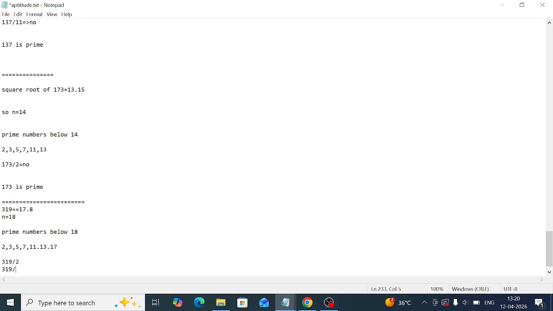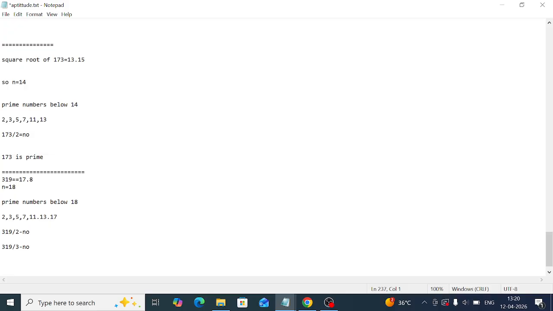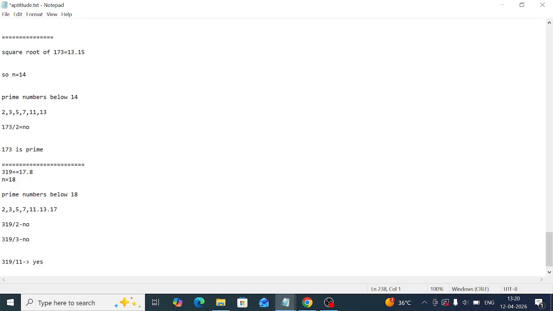Whether it is divisible or not, you can check. For 2, no. For 3, no. 5 also you can check, 7 also, 11 also. See, for 11, yes, it is divisible. 11 nines are 99, so 319 is divisible by 11.